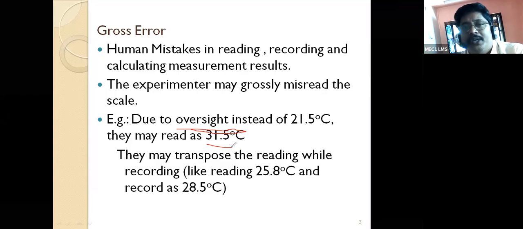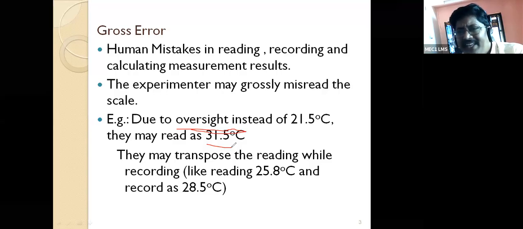The human is making mistakes in reading as well as in calculating. Sometimes the divisions may be 2, 3, or 4 like that. For example, least count. Already you know the vernier calipers, you measured the diameter of a bolt or a nut. With the vernier calipers or screw gauge, micrometer, you get the accurate value.